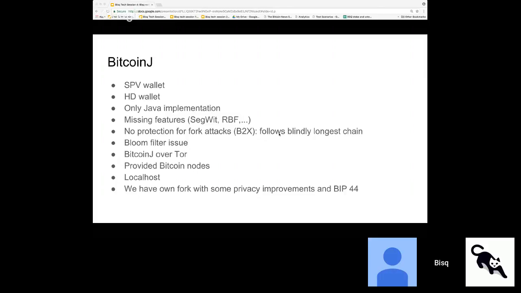If BitcoinJ sent all the addresses of its wallet to the full node, of course you would lose a lot of privacy. They didn't want to do this, so they introduced the Bloom filter, which besides being a more compact data structure provides a kind of privacy feature: you can add a false positive rate. So you're blurring the data you send to the full node.